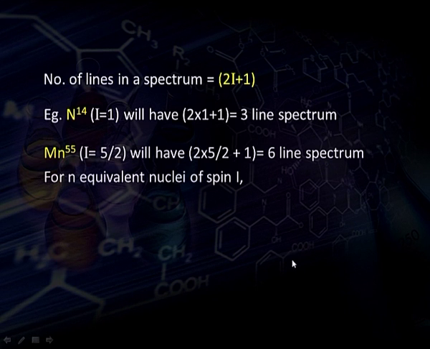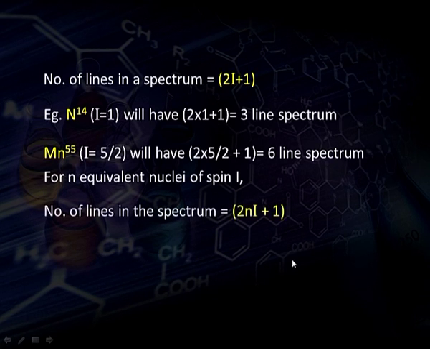For n equivalent nuclei: this was when the electron is interacting with one nuclei, but if the electron is interacting with a number of nuclei more than one, then we have the formula 2nI plus 1, where I is the same, the spin of the nuclei, but n is the number of nuclei, and in this case all the nuclei are equivalent.